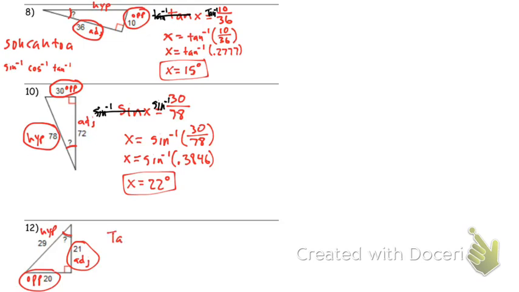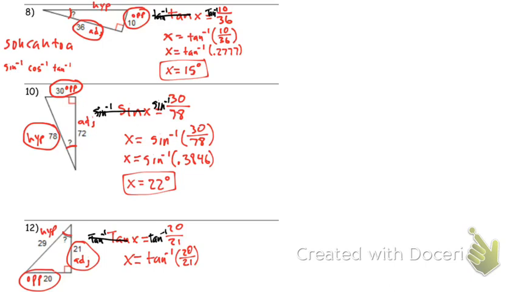So we're going to have tangent of x, because we're solving for the angle, equal to opposite over adjacent. To solve for x, we get rid of tangent by doing inverse to both sides. These will cancel out, and we're left with x equals tangent to the negative 1 of 20/21.